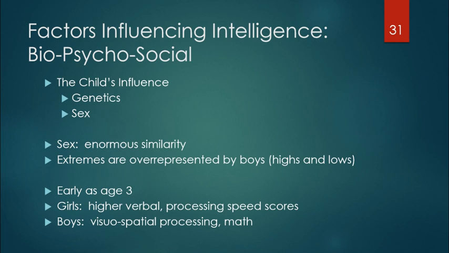There are certain differences that develop from a very early age between males and females. Girls tend to have higher verbal scores. They have better processing speed scores, so they're thinking faster on these intelligence tests than boys. Boys tend to do better on visual spatial processing and better on math.